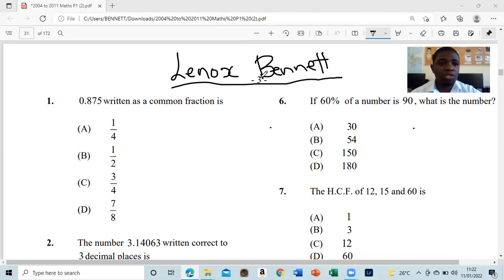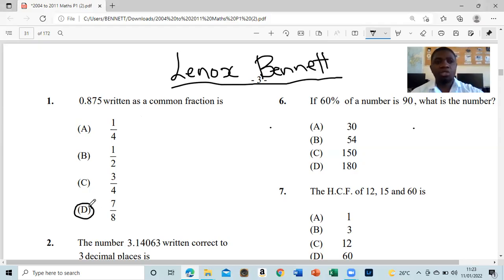So the first one says 0.875 written as a common fraction is. This one is a kind of giveaway because if you look closely, a quarter is 0.25, this is a half, and 3/4 will be 0.75. So it simply means it would be 7/8.